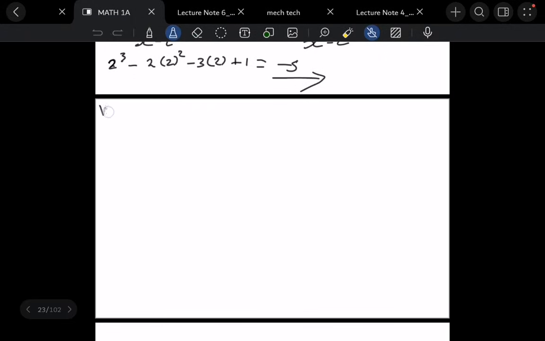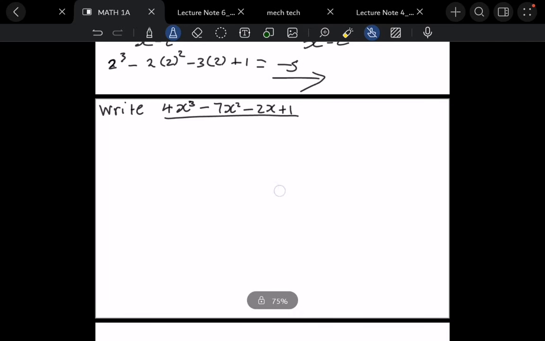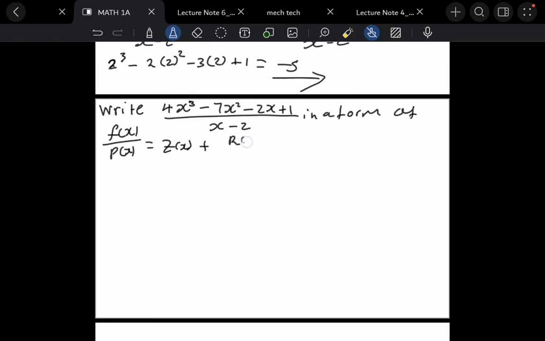The question will be: write 4x cubed minus 7x squared minus 2x plus 1 divided by x minus 2 in the form of f of x over p of x is equal to q of x plus r of x over p of x.